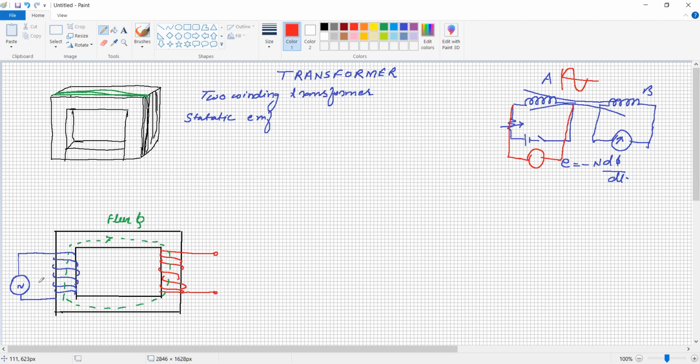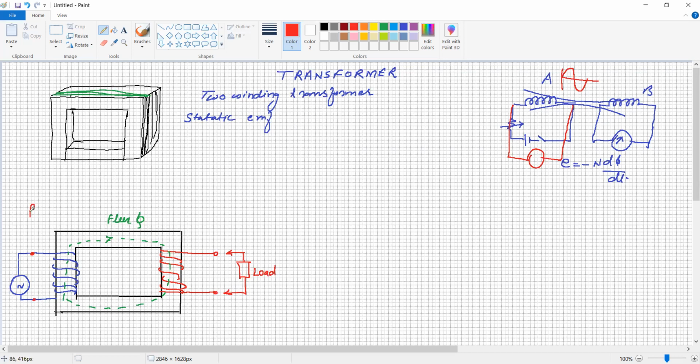So a transformer works on AC supply only. Here the AC supply is connected. The winding connected to the source is called the primary winding, and the winding connected to the load is called the secondary winding. The load is not shown here, just for understanding purposes.